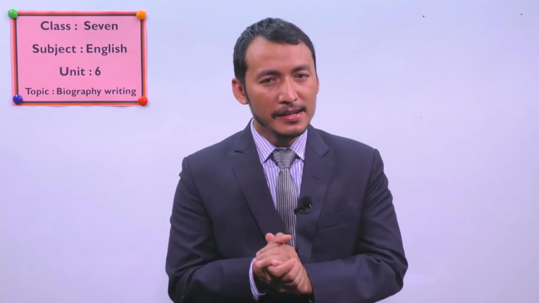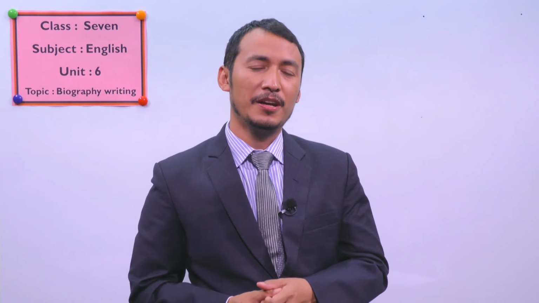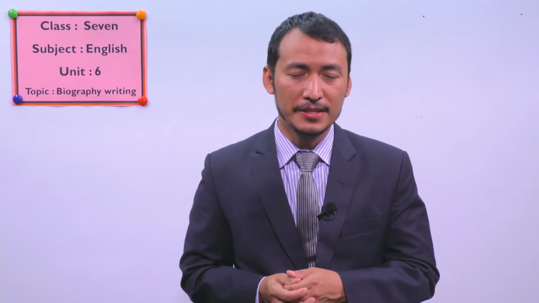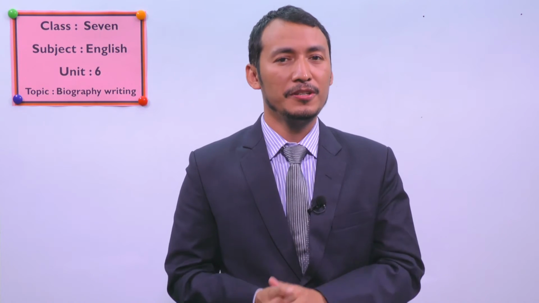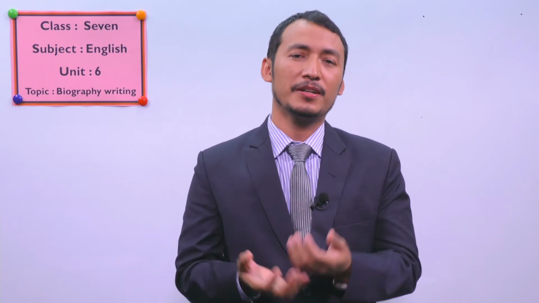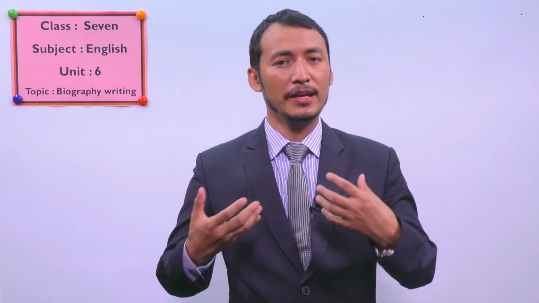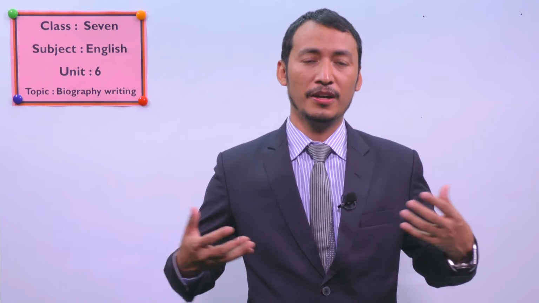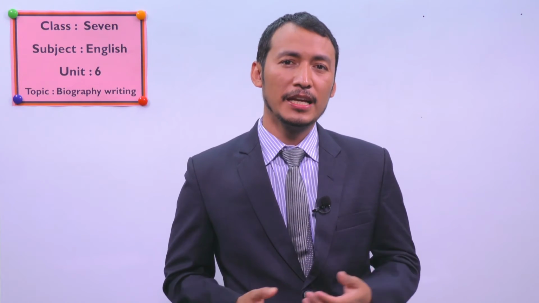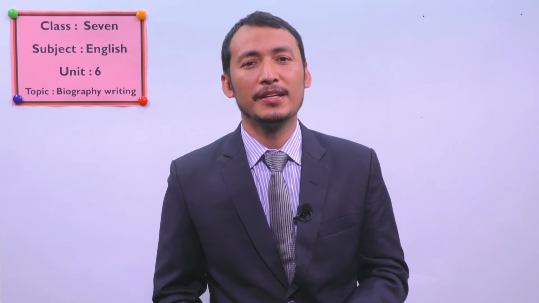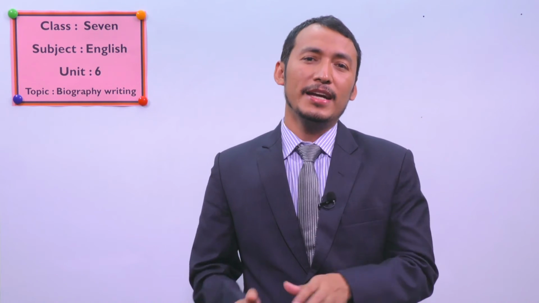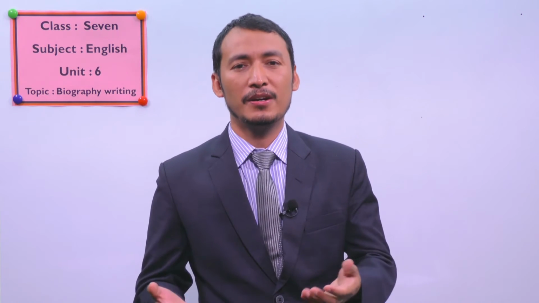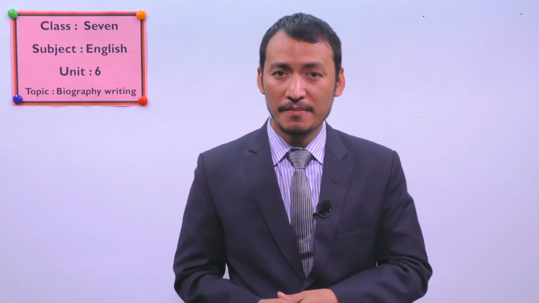They have similar factual information about a person, but the way of writing is a little different. When you write about yourself, your achievements, your experience, or your life from childhood to success or failure, then it is your autobiography. When you write about someone else, for example, your teacher, then that becomes a biography.